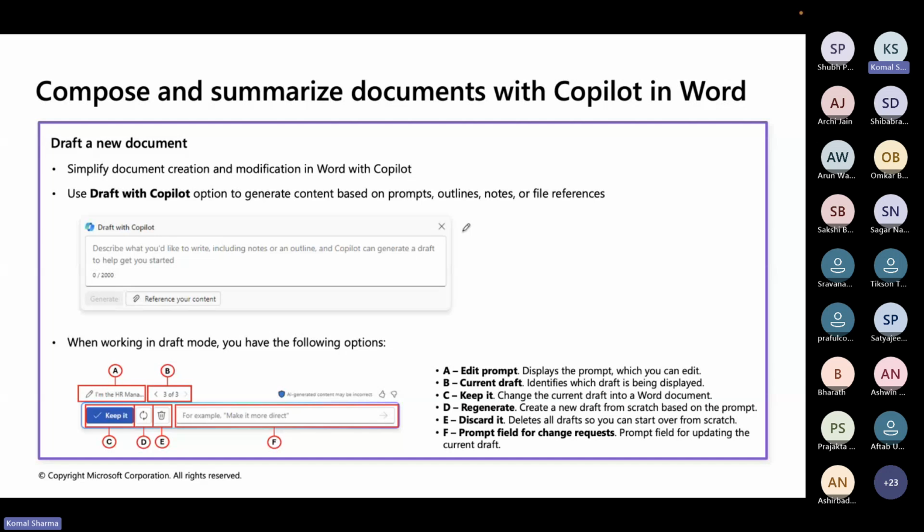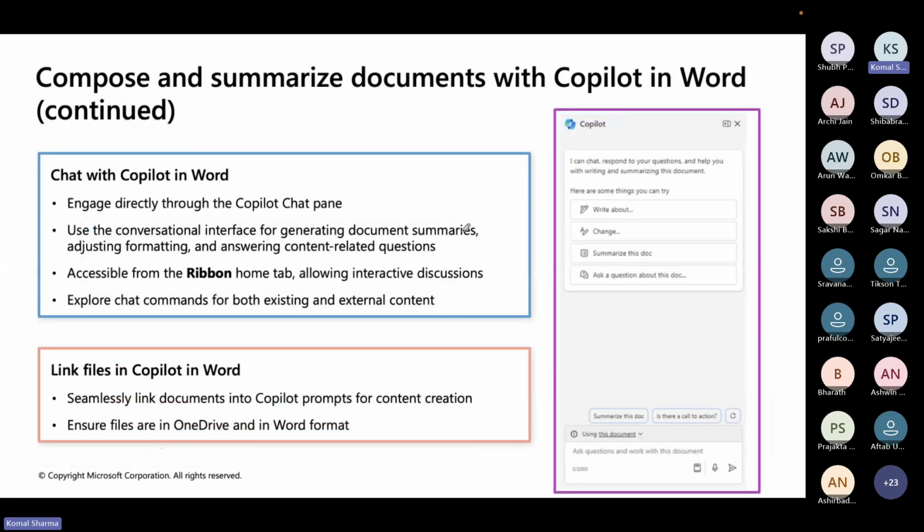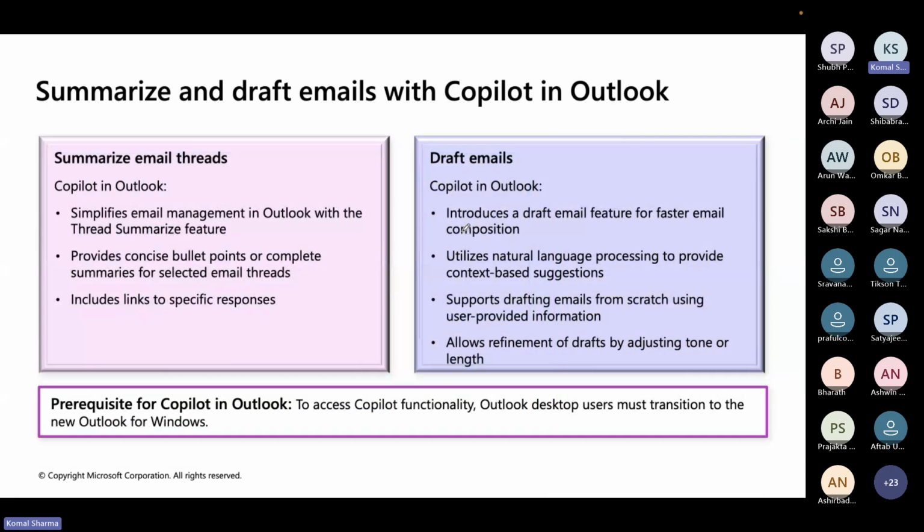After Copilot in Word, let's start using Copilot in Outlook. For example, you are working with Outlook, and generally why do we use Outlook? Because you need to draft an email, or you need to read the emails you have received.